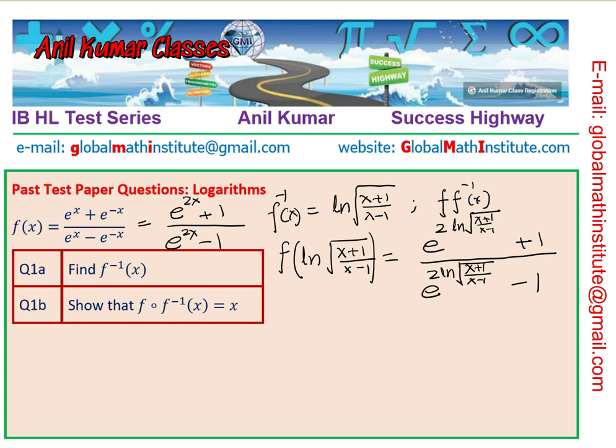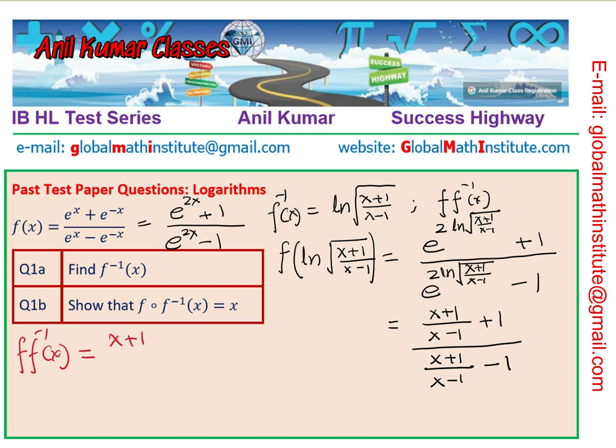Correct? So now e to the power of 2 ln, this is basically equal to x plus 1 over x minus 1, so we can rewrite this as x plus 1 over x minus 1 plus 1, over x plus 1 over x minus 1 minus 1. Is that clear to you? Right? And now you can take the common denominator x minus 1, and so what do you get? Let me write down here f of f inverse x equals. I'm going to simplify it here.